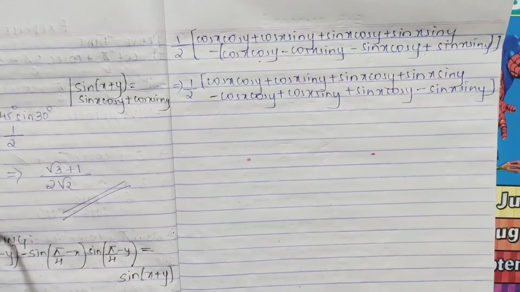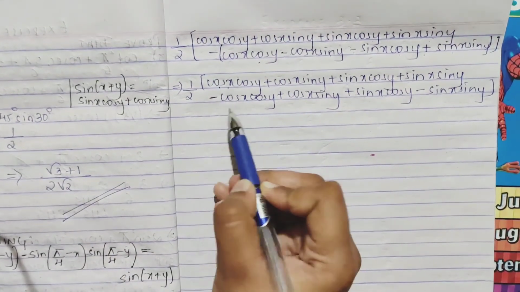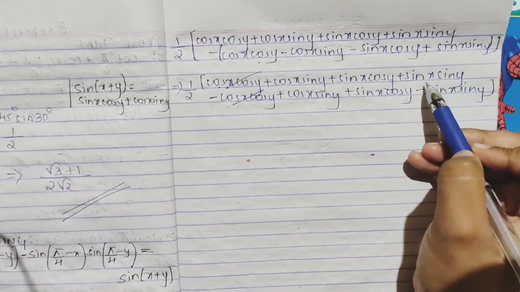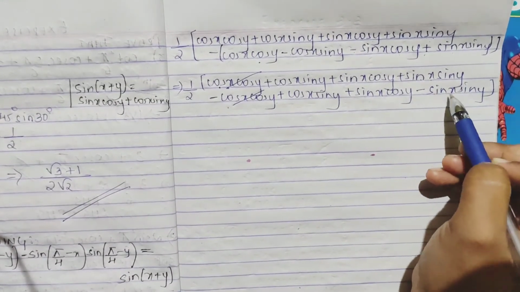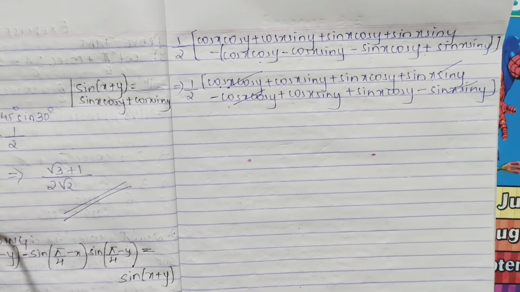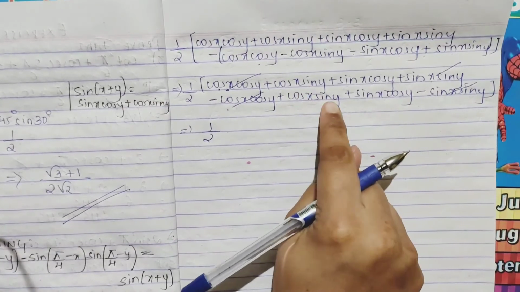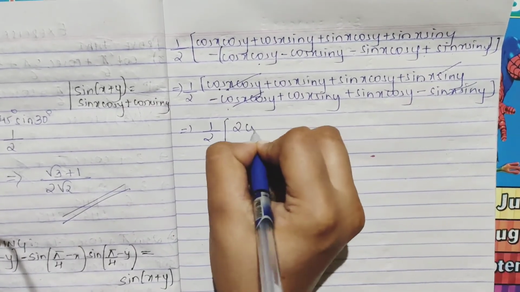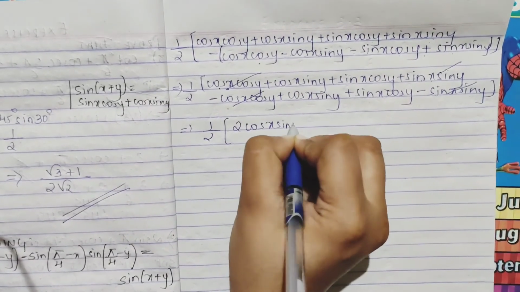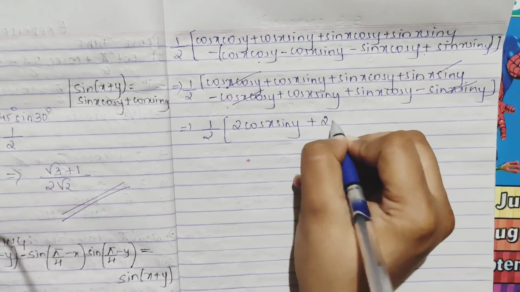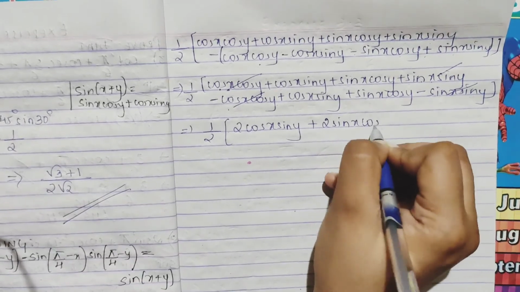Okay, now we'll see plus cos x cos y minus cos x cos y cancels, then plus sin x sin y minus sin x sin y, even this cancels. So next you are having cos x sin y plus cos x sin y. So you have 2 cos x sin y plus sin x cos y plus sin x cos y, again 2 sin x cos y, right?